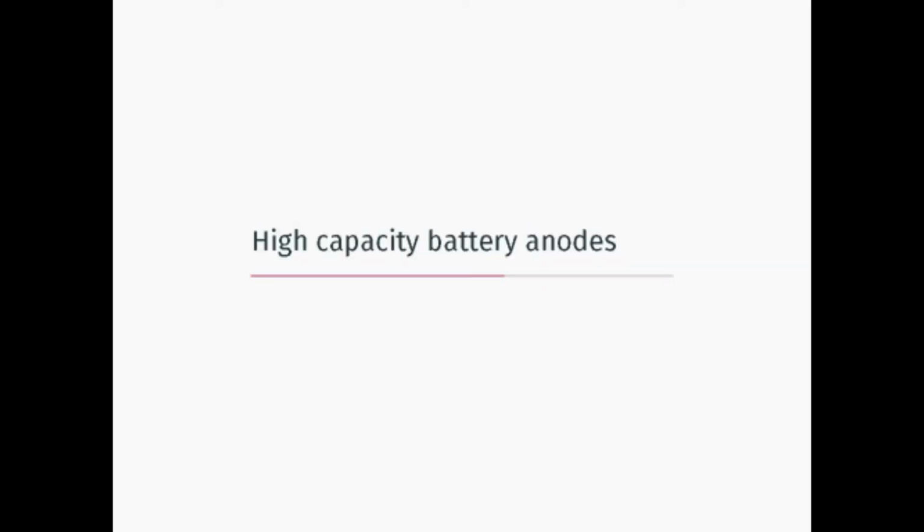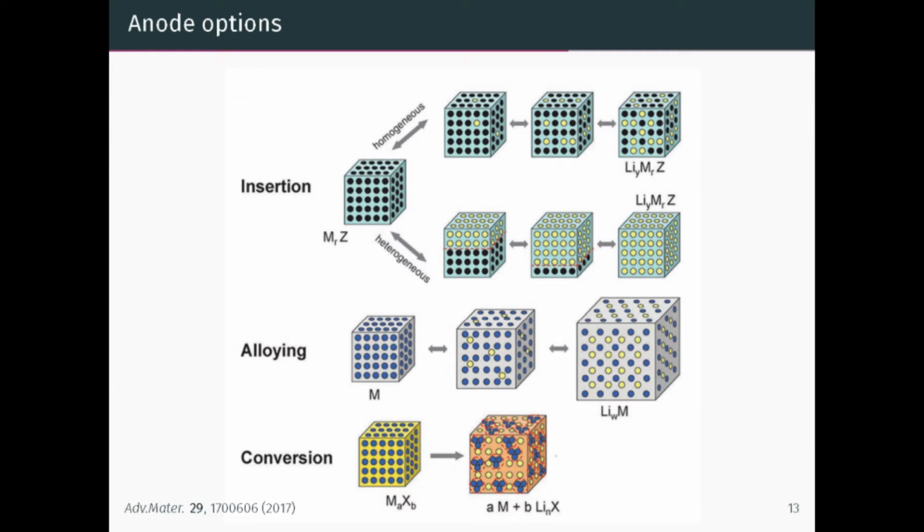So what types of materials are good at being high capacity for battery anodes? If you look at different types of battery anodes, there's a couple different reactions that could be going on. The first one up here is an insertion reaction. So up top you have maybe your graphite anode, and you're inserting sodium ions into this anode, and they end up in the layered structure that you saw in the initial picture of the lithium-ion battery.